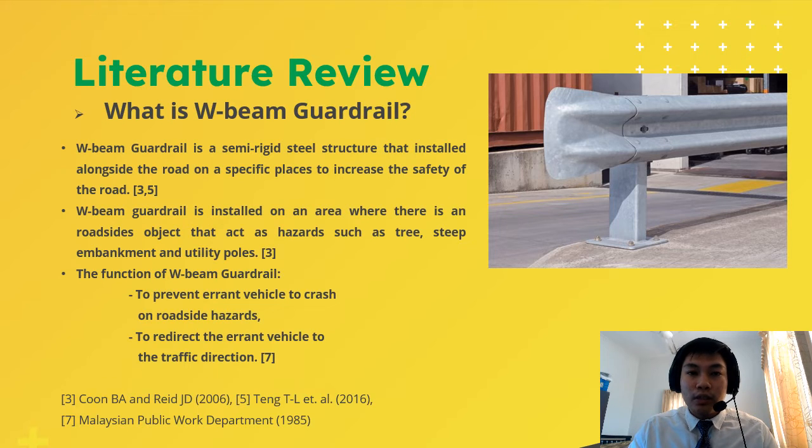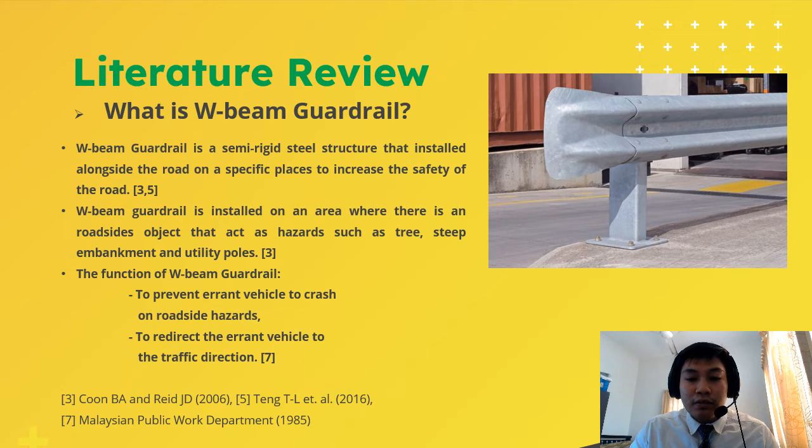First of all, what is W-beam guardrail? W-beam guardrail is a semi-rigid steel structure that is installed alongside the road on specific places in order to increase the safety of the road. It is installed on an area where there is roadside obstacle that is considered as hazard such as tree, steep embankment and utility poles.